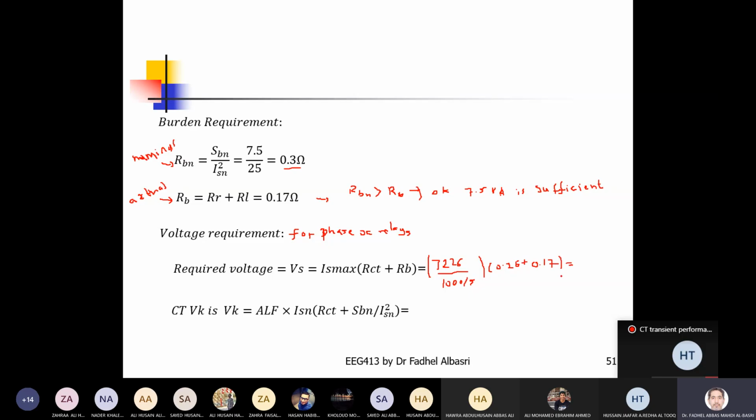And the answer of this will be 15.54 volt.